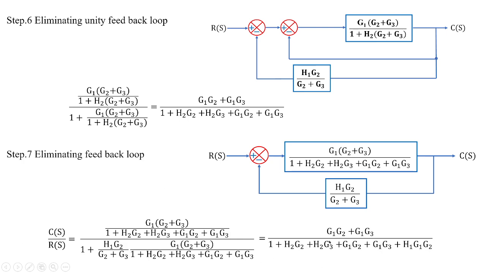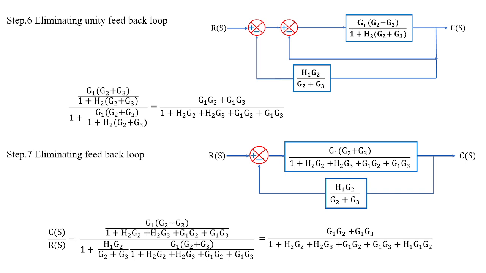So this simplification leads to the final answer as G1 G2 plus G1 G3 by 1 plus H2 G2 plus H2 G3 plus G1 G2 plus G1 G3 plus H1 G1 G2. Fine. This answer what we got is from the block reduction technique.